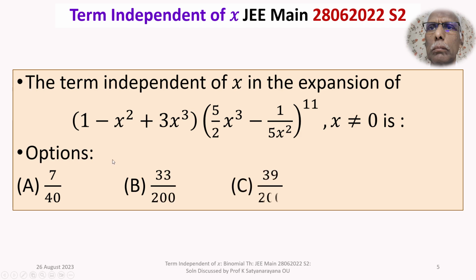We are given four options. Option A: 7/40, option B: 33/200, option C: 39/200, option D: 11/50. We are required to find the term independent of x in the expansion, where x is not equal to 0.